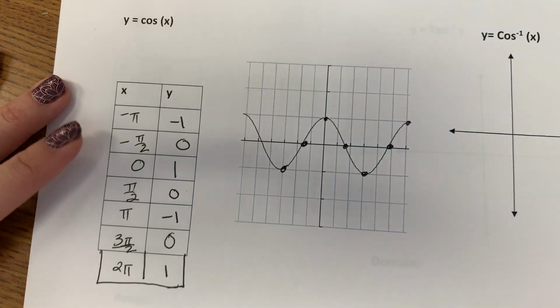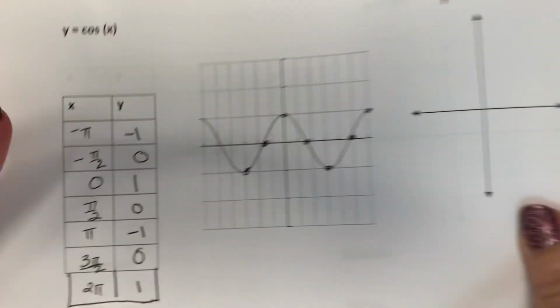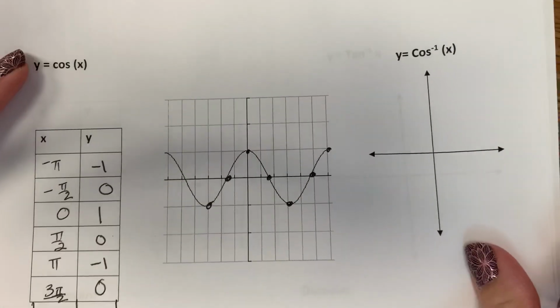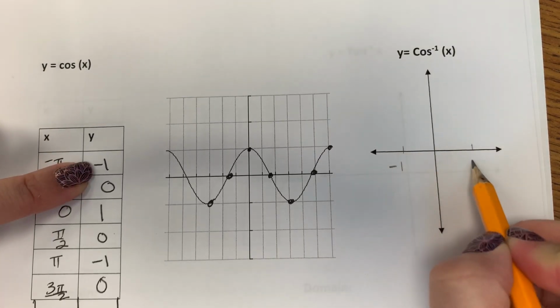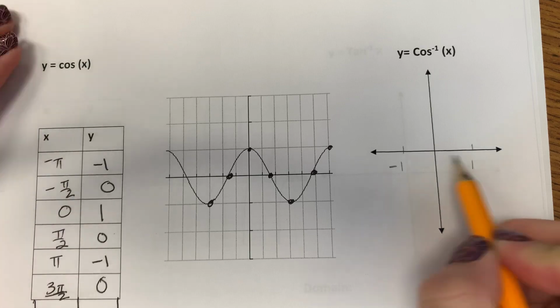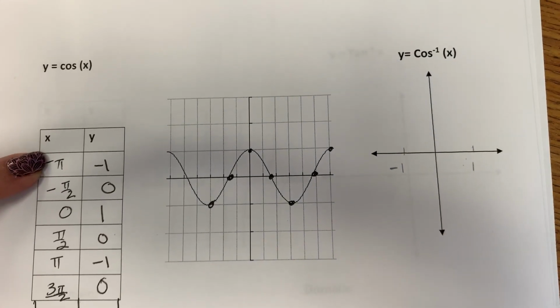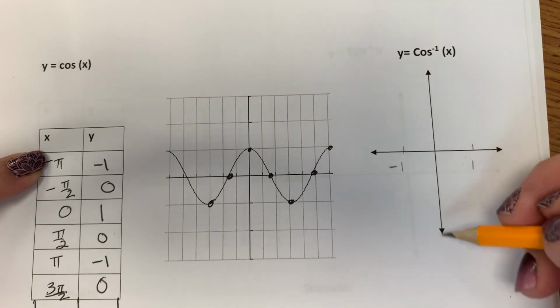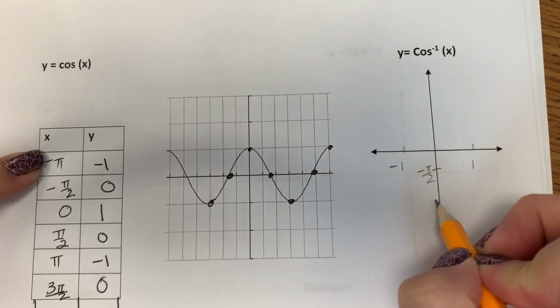And again, if you're using a pen, switch to a pencil, please. We're going to reflect our cosine graph to get the inverse. So my y values become the x values, the x values become the y on the scale here because of the reflection over the line y equals x.